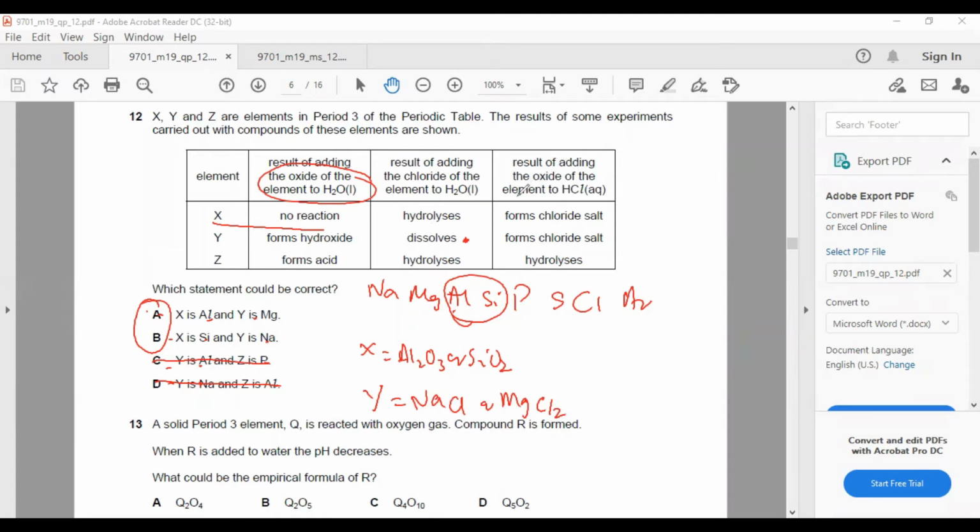Result of the oxide of the element with HCl. So what do you think? What should be the answer? Z forms acid.